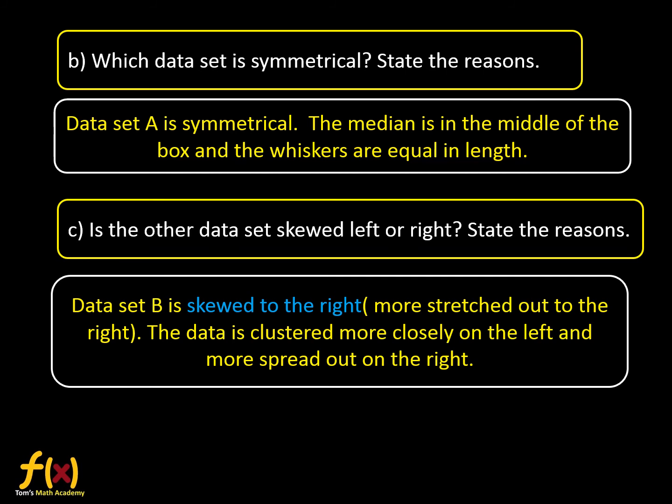The data is clustered more closely on the left and more spread out on the right. So look at the median and then from the median, which part is longer until the end of the whisker. So that is how we decide left or right skewness, positive or negative skewness. Okay.